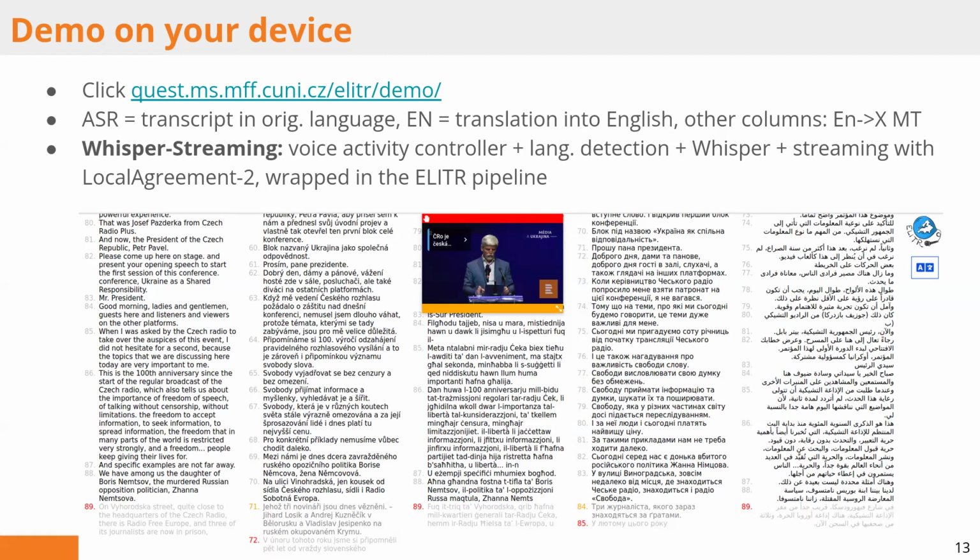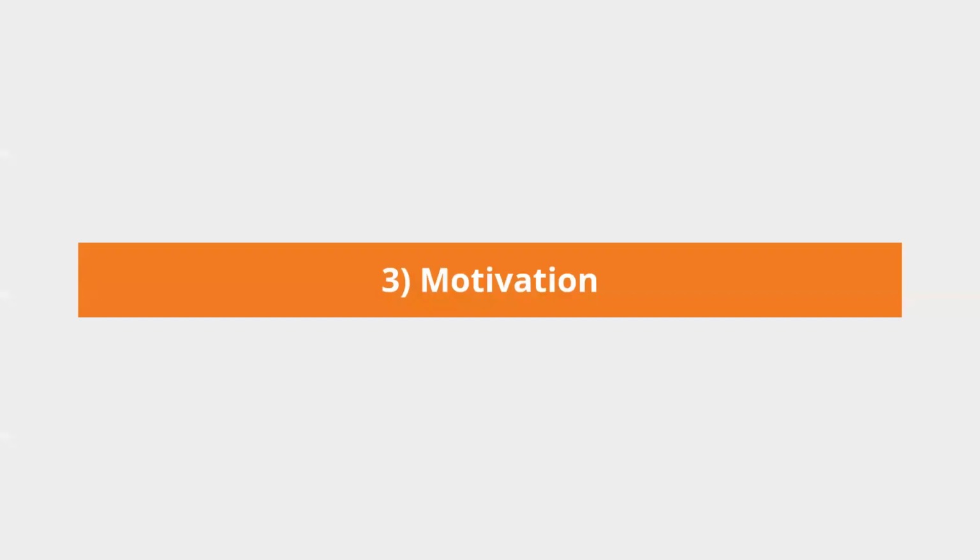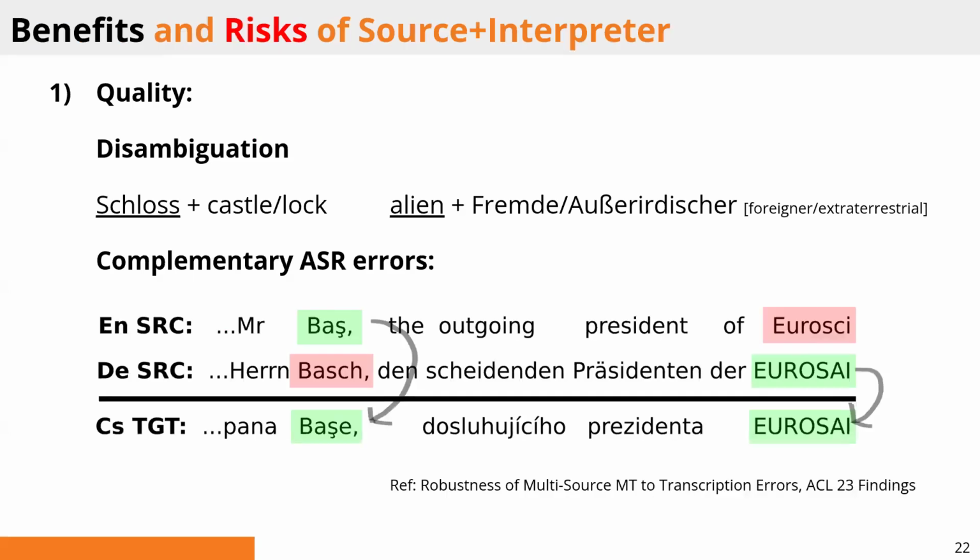And the streaming policy is the local agreement policy, which is a result of research of our colleagues. And the whole tool is wrapped in the ELITR pipeline, which we had in the ELITR project, European Live Translator, in past years. So now let us have a look at the next topic, motivation.